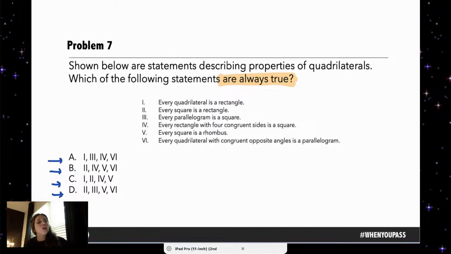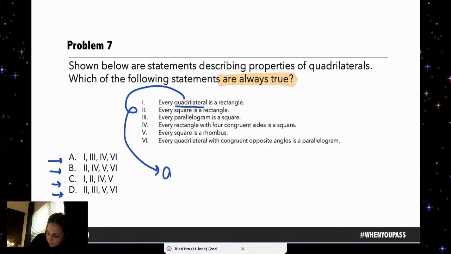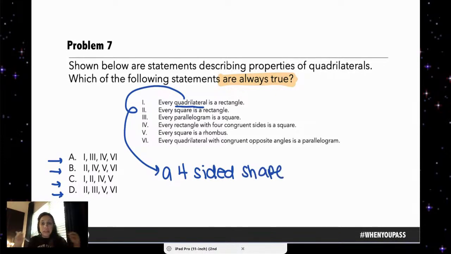So I'm going to look for statements that I can eliminate answer choices with. Every quadrilateral is a rectangle. I'm going to try to think of a quadrilateral that is not a rectangle so I can disprove that statement. What is the definition of a quadrilateral? A 4-sided shape. That's it. It is literally just a 4-sided shape.